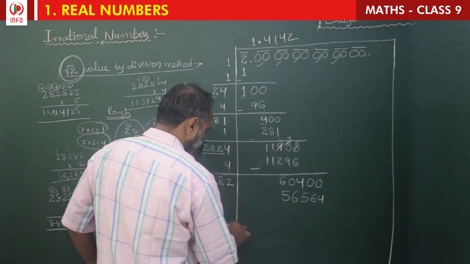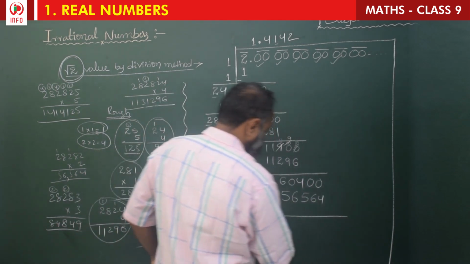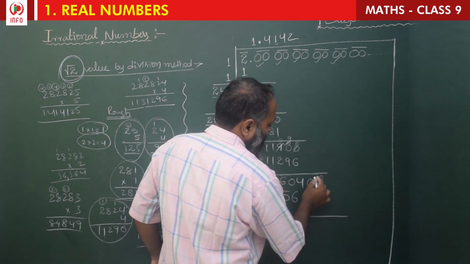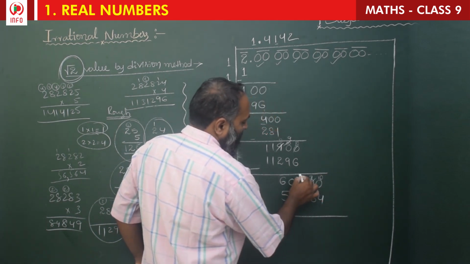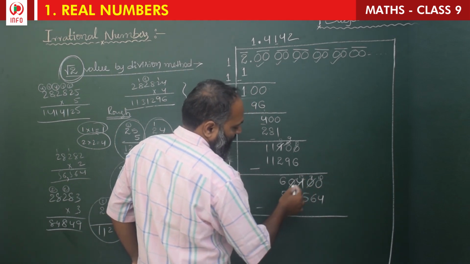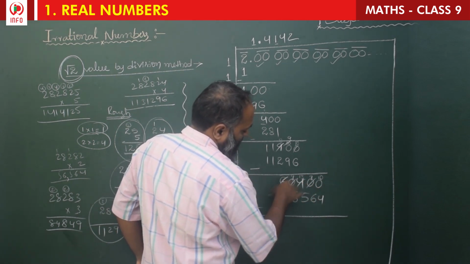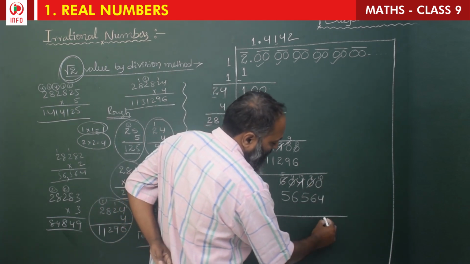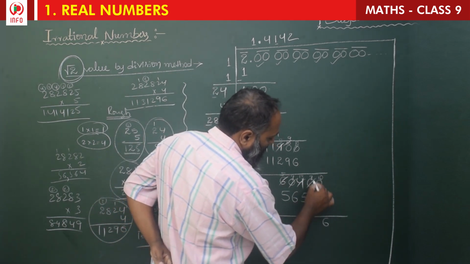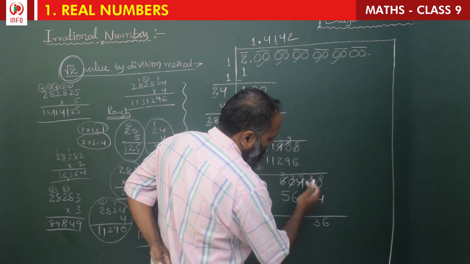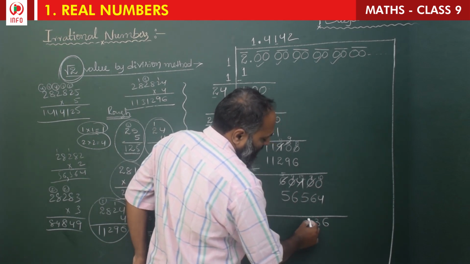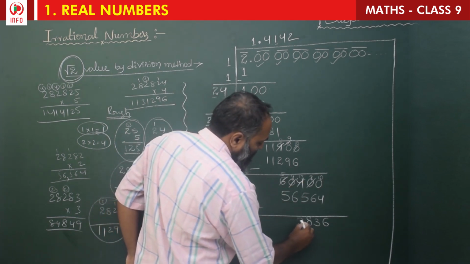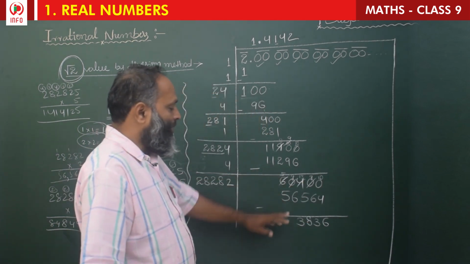564. Now subtract: 0 here means 10, here you will get 9, so you will get 13, here you will get 9, here nothing, 5. 10 minus 4 is 6, 9 minus 6 is 3, 13 minus 5 is 8, 9 minus 6 is 3, 5 minus 5 is 0.